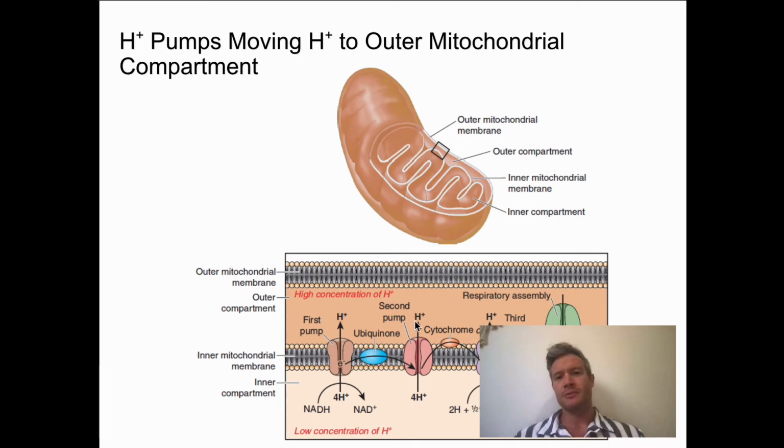Same thing happens again with the second cytochrome or hydrogen pump. The third one, however, only pumps up 2. And the reason for that is the other 2 that would normally get pumped through are accepted by oxygen, along with the electrons that had been jumping along here.